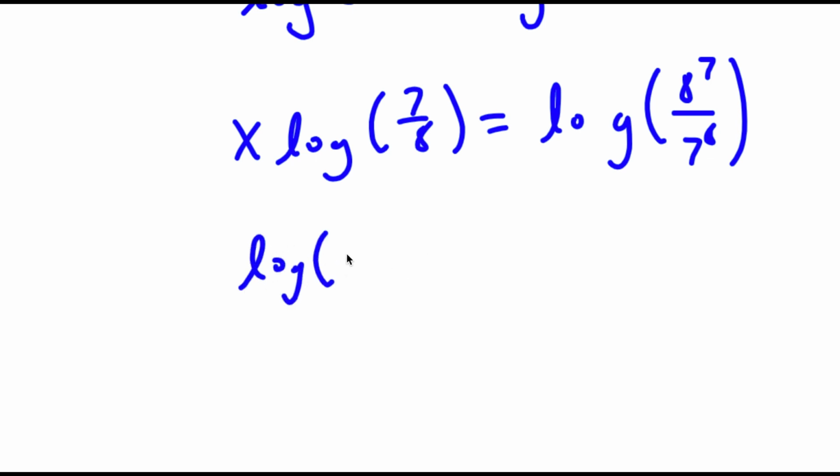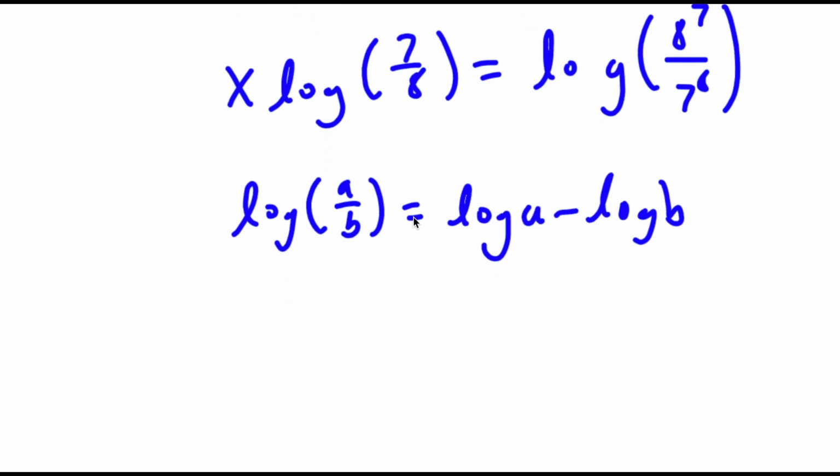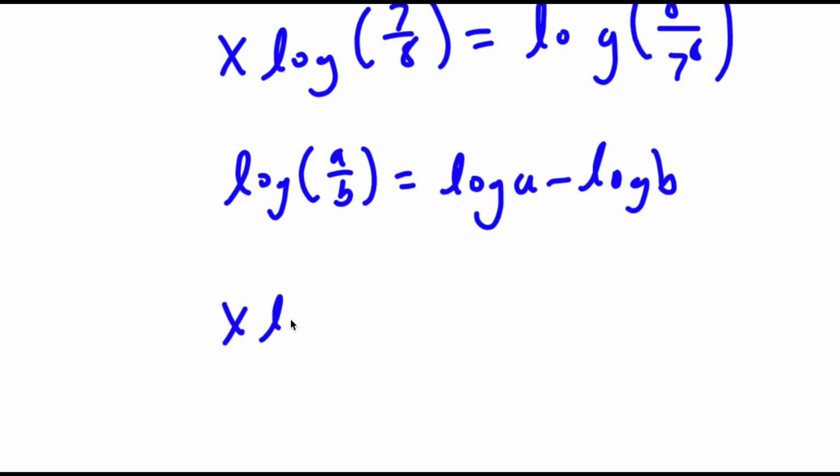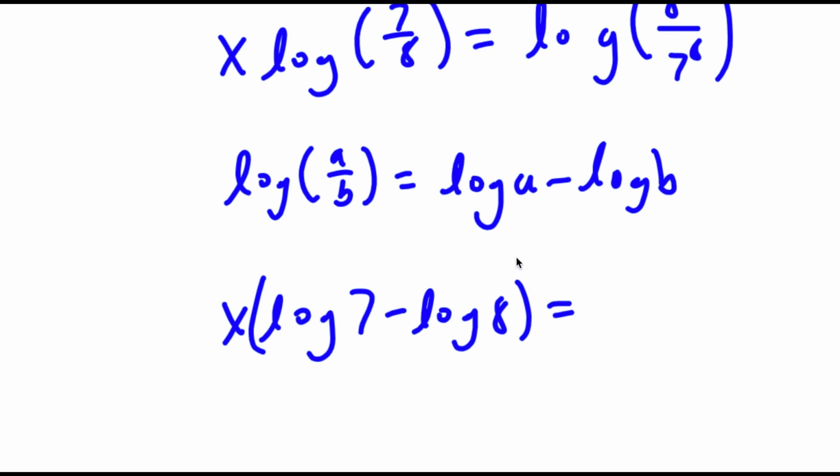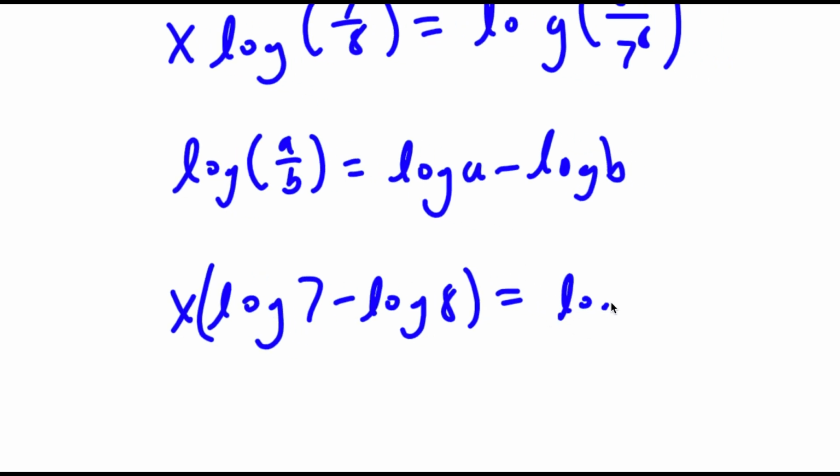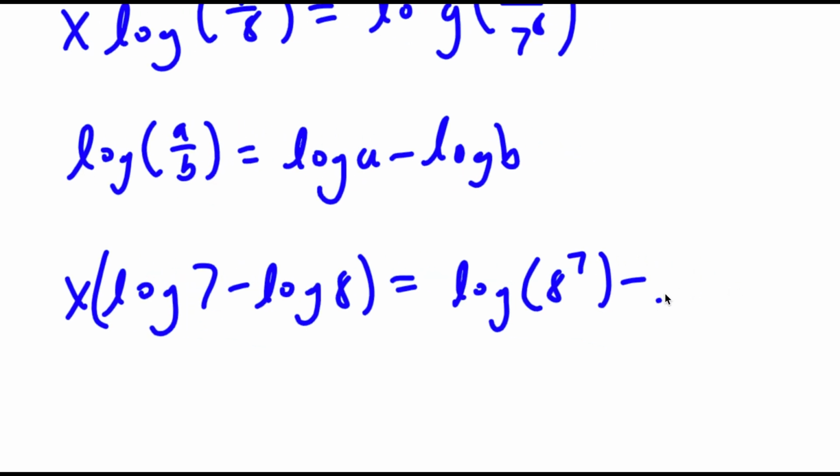Now log of a over b is equal to log a minus log b. So log of 7/8 is going to equal log 7 minus log 8, and the right side is log of 8 to the power of 7 minus log of 7 to the power of 8.